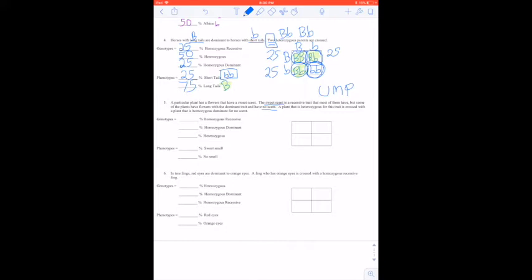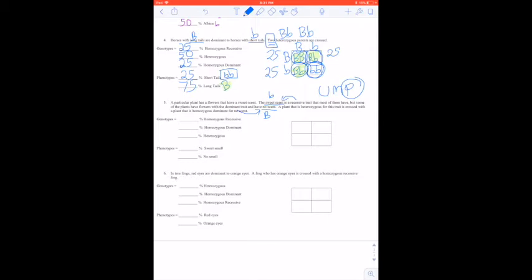Now I need to mark which one is dominant, which one is recessive. It tells me that the sweet scent is recessive, so I'm going to put a lowercase b there. The no scent is dominant. It tells me that, and also just because the other one's recessive, I could figure that out anyway. So sweet scent is recessive, having no scent is dominant. Now I'm ready to move on to finding the parents.